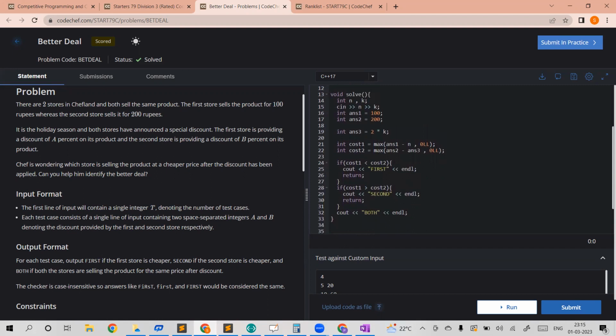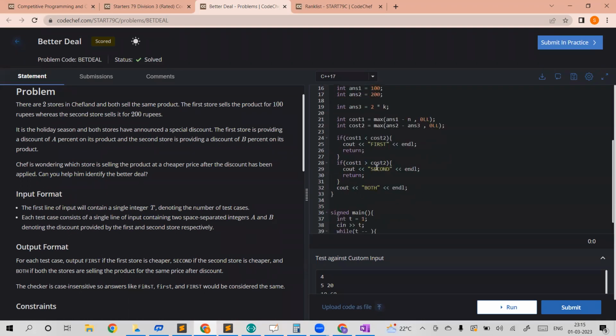And just for the zero iteration, I have taken the max of this and zero. And if cost 1 is less than cost 2, then first; if cost 1 is greater than cost 2, then second; else we can print both. I hope it is clear to you all. Just say yes by opening your mics, I will understand.